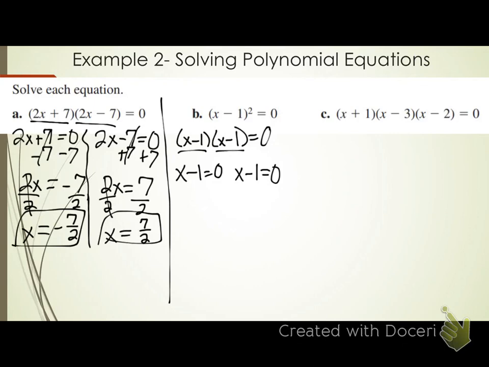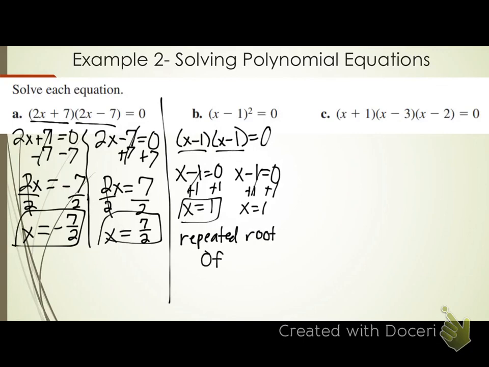It's the same equation, right? So what do I do for both of them? Add 1 to both sides. What do I get for both of them? 1. So what do I have here? A repeated root. So I'd say repeated root of x equals 1.